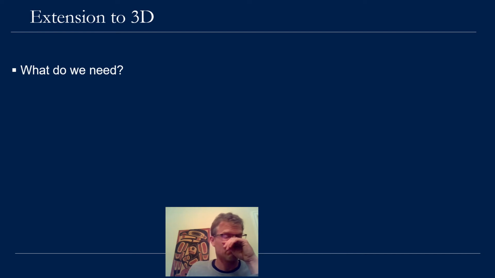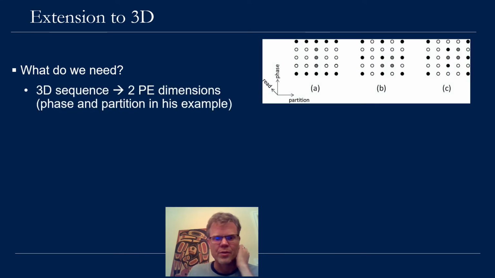Okay, and now we've looked at this just for examples in 2D, but it turns out we can extend this into three-dimensional scanning. So what are we going to need to do in this case? We're going to need to consider that now we have basically two phase encoding dimensions, and in the example we're showing here, there's a phase dimension and a so-called partition dimension as well.